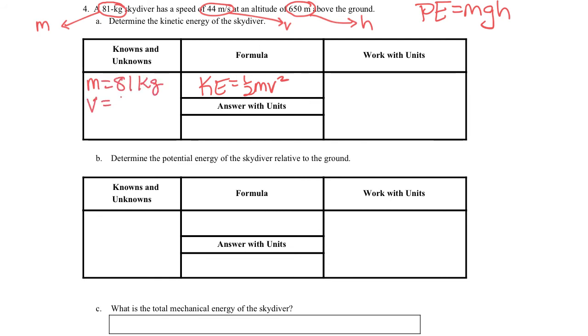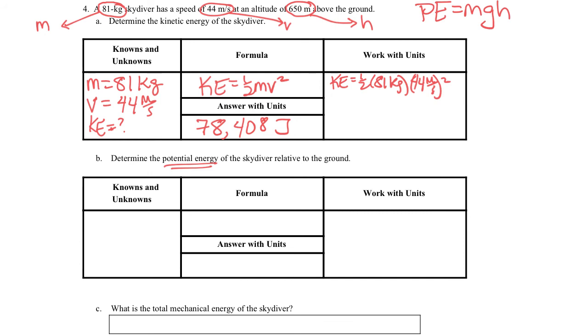We've got v is 44 meters per second, and the kinetic energy is question mark. So kinetic energy is 1/2 times 81 kilograms times 44 meters per second squared. And when you put that in your calculator, it is 78,408 joules. Awesome.